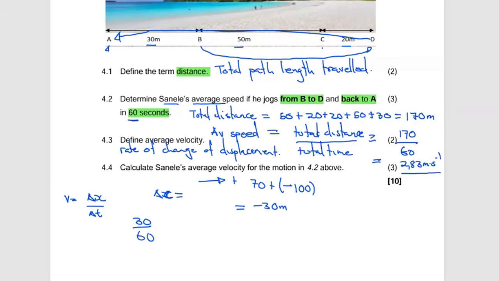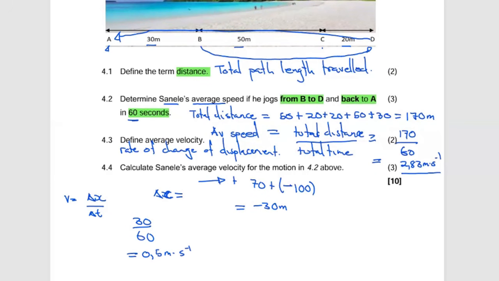30 divided by 60, I'm going to get a value of 0.5. So my velocity is 0.5 meters per second.